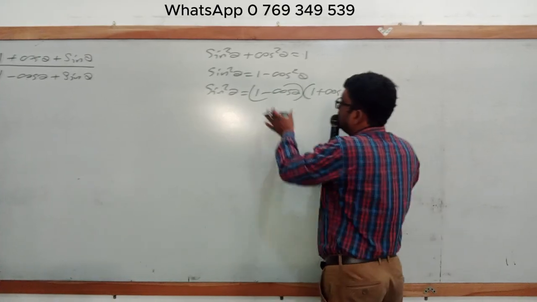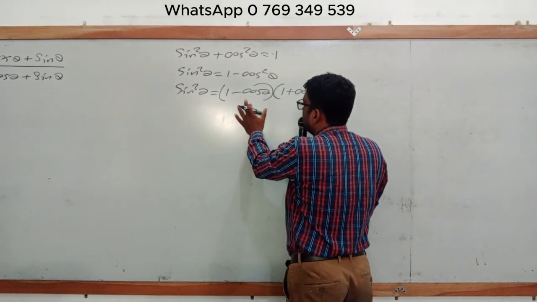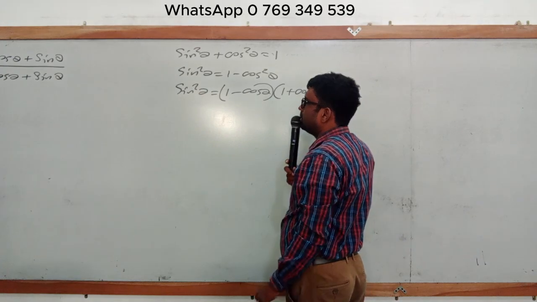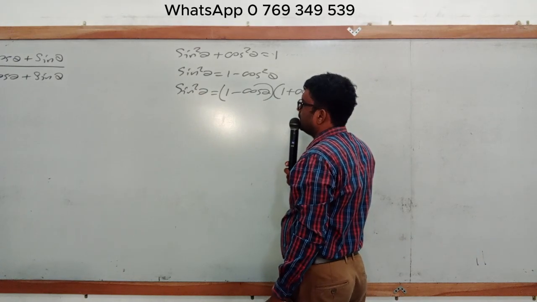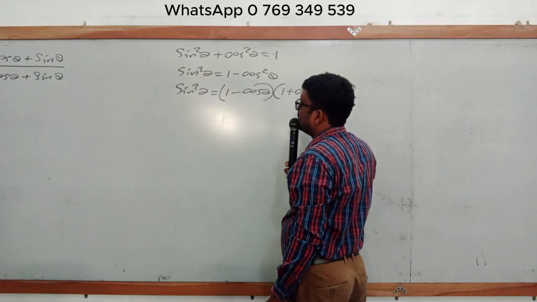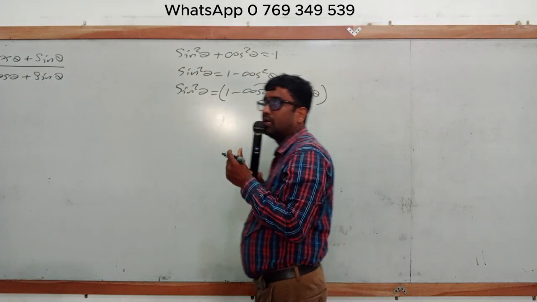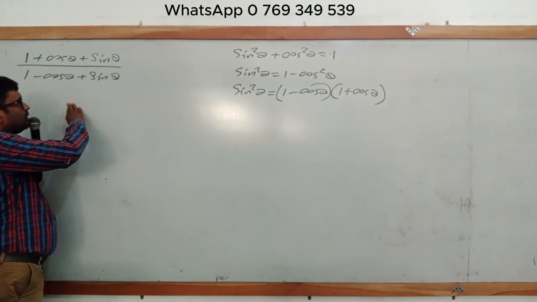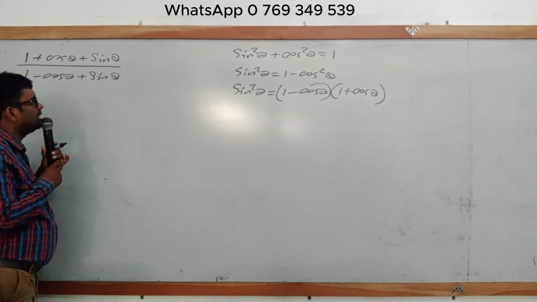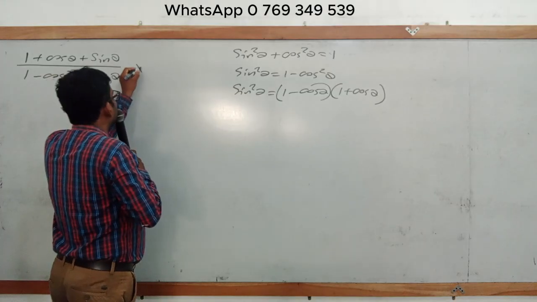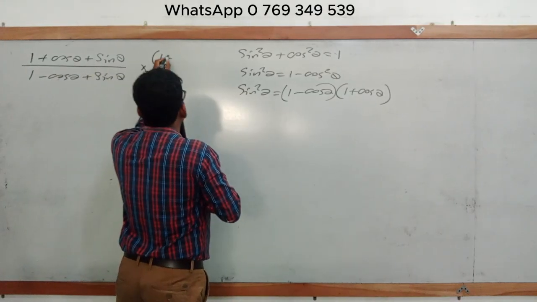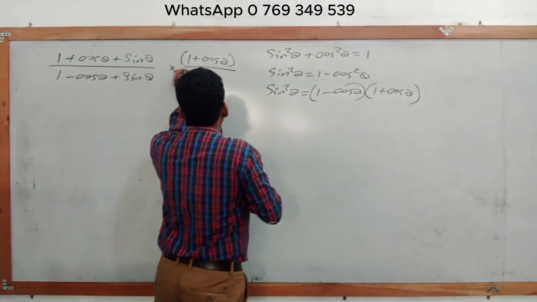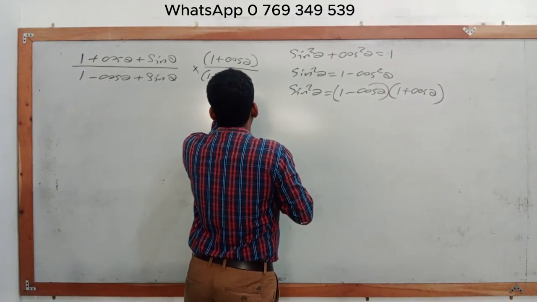Here we have 1 minus cos theta. Now we have to multiply by 1 plus cos theta. I multiplied up and down by 1 plus cos theta.